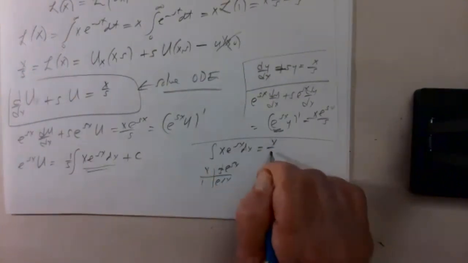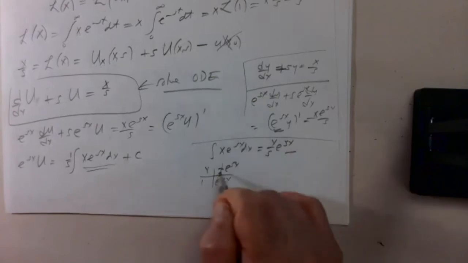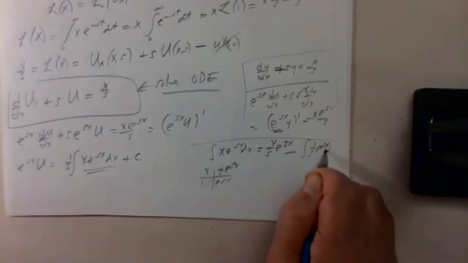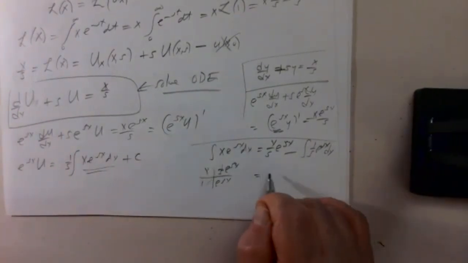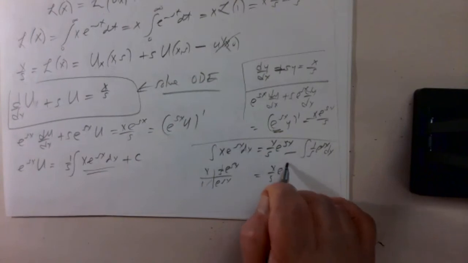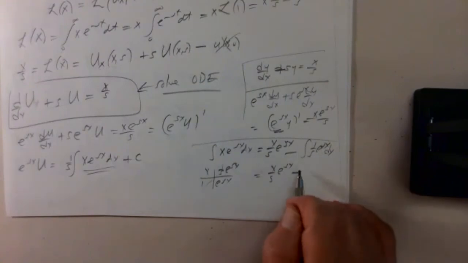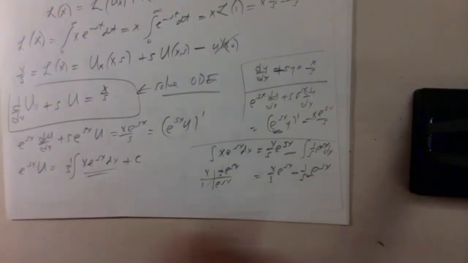This equals x over s e to the sx minus the integral of 1 over s e to the sx dx. That's equal to x over s e to the sx minus, and when you integrate e to the sx, you get another 1 over s, so 1 over s squared e to the sx.